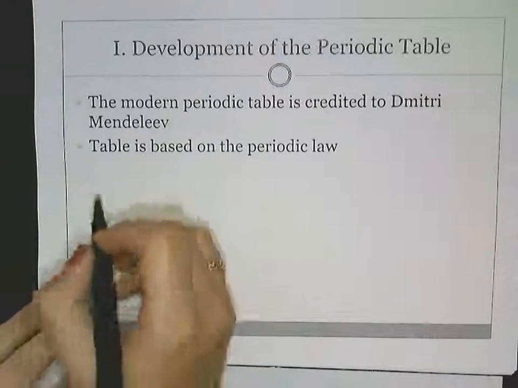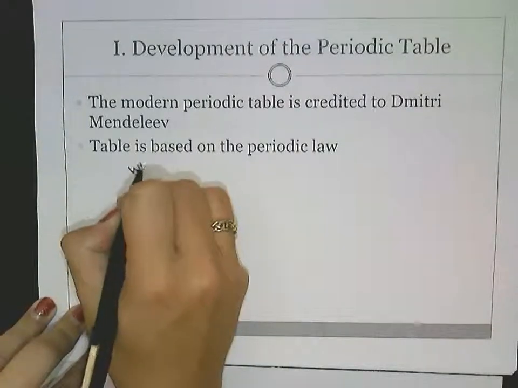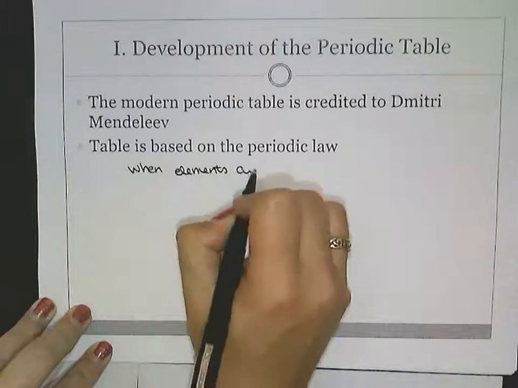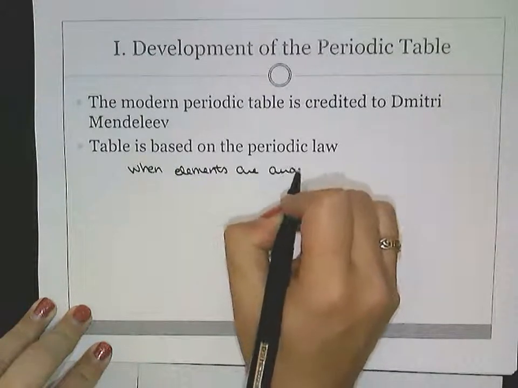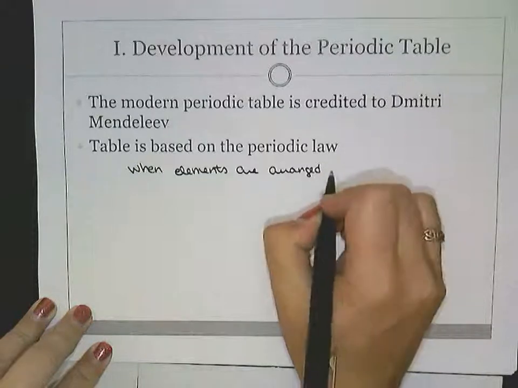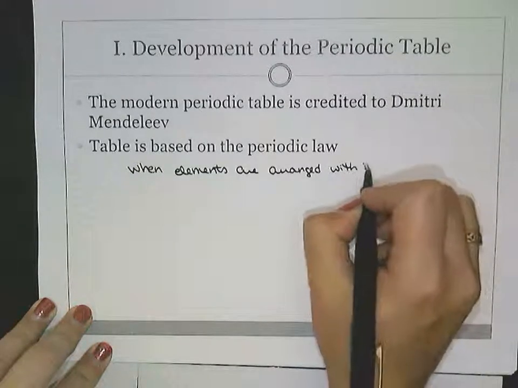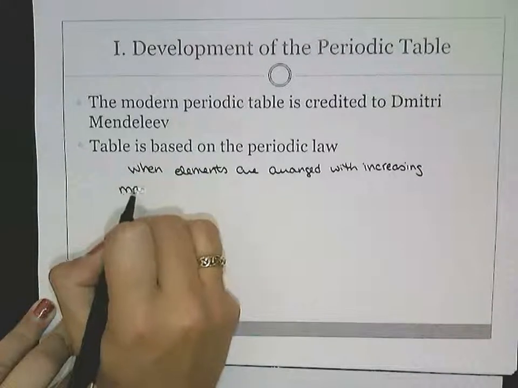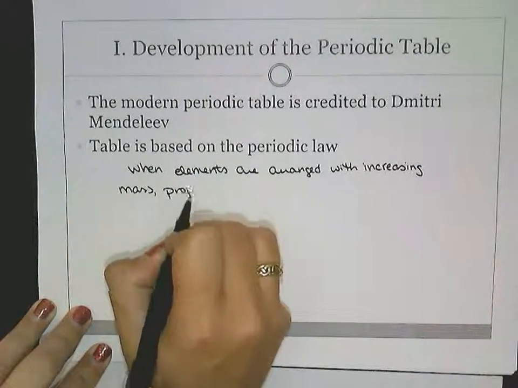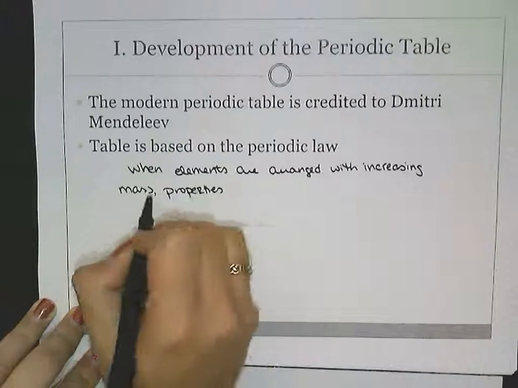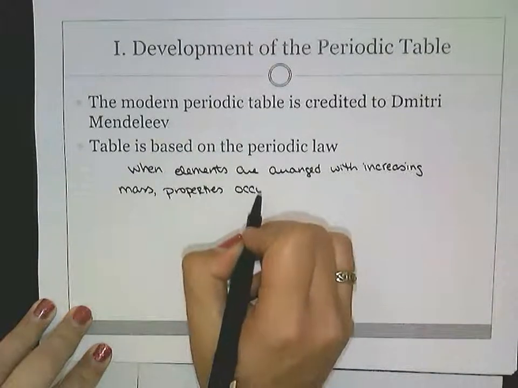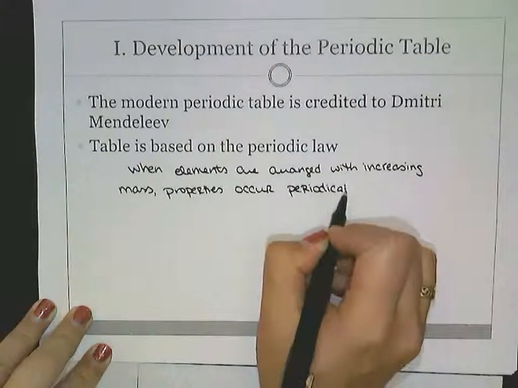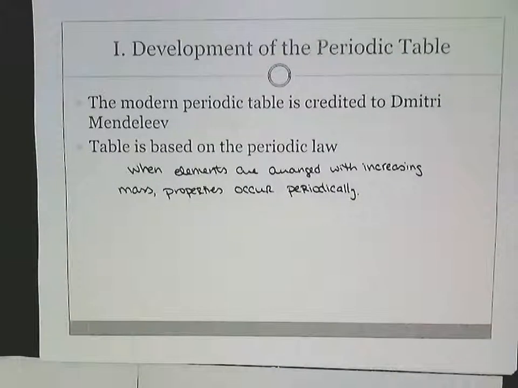The periodic law states that when elements are arranged with increasing mass, properties occur periodically.